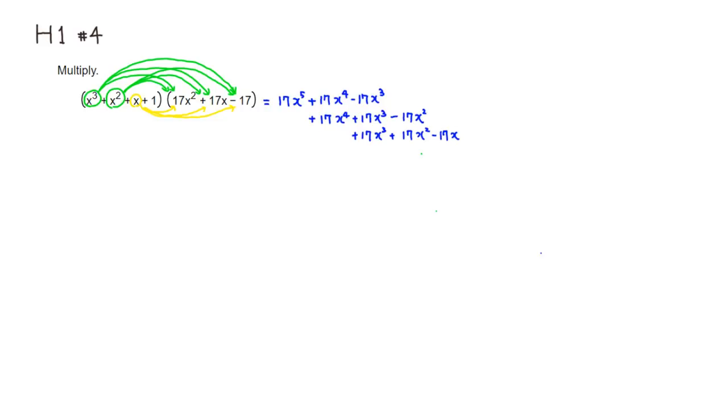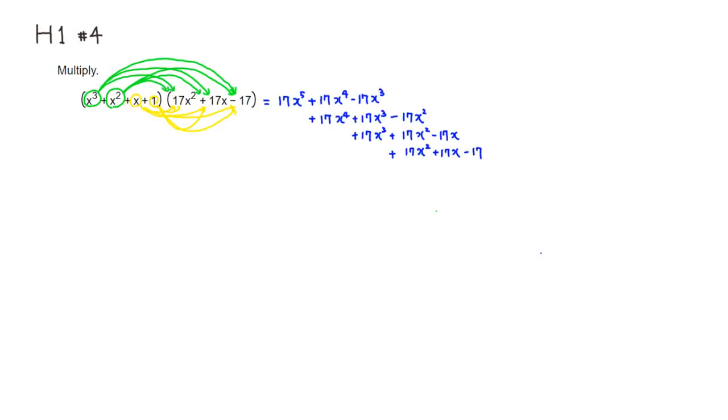For the last one, we distribute 1 to all three terms, so you get basically the same thing: plus 17x squared plus 17x minus 17. Then you can see that there are a bunch of things we can cancel.